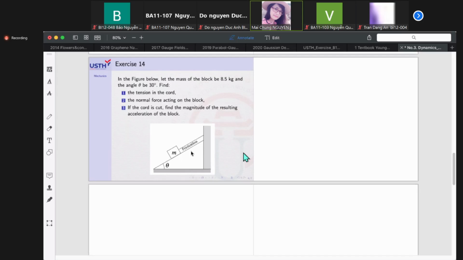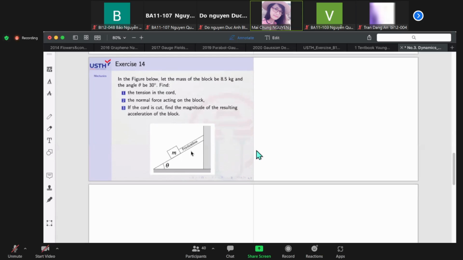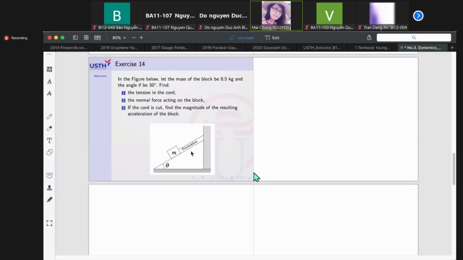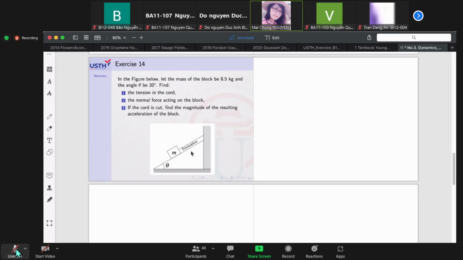And the last step, step number 3, we think about Newton's laws, the first, the second, or the third, to apply to the questions, right? Is that all? So now who wants to try, who could do exercise 14?